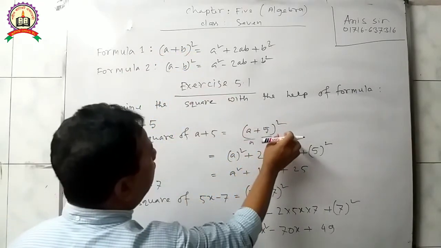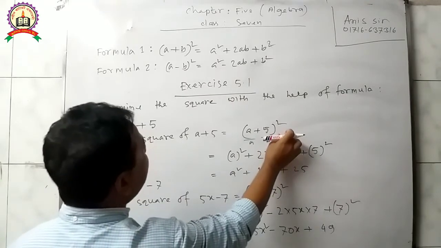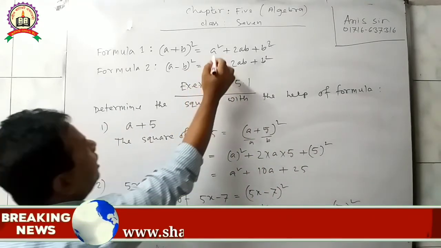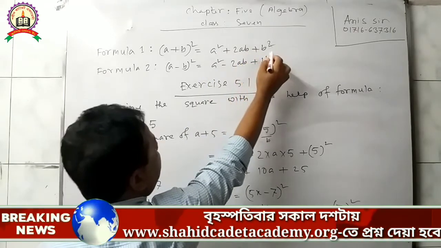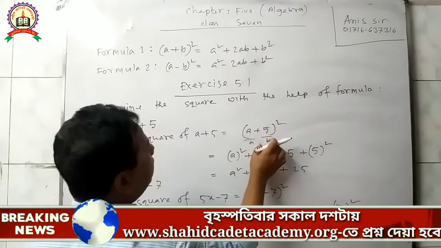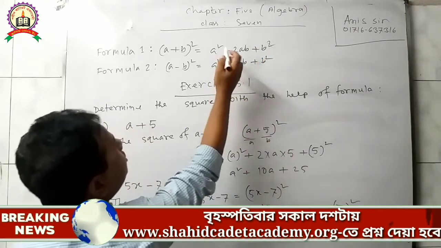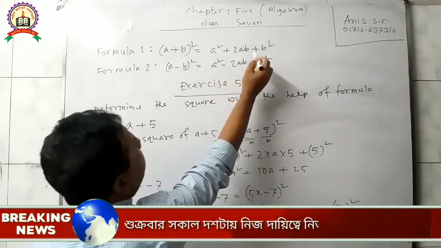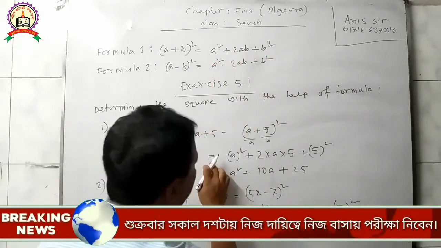For a plus b whole square, we will write a square plus 2ab plus b square.